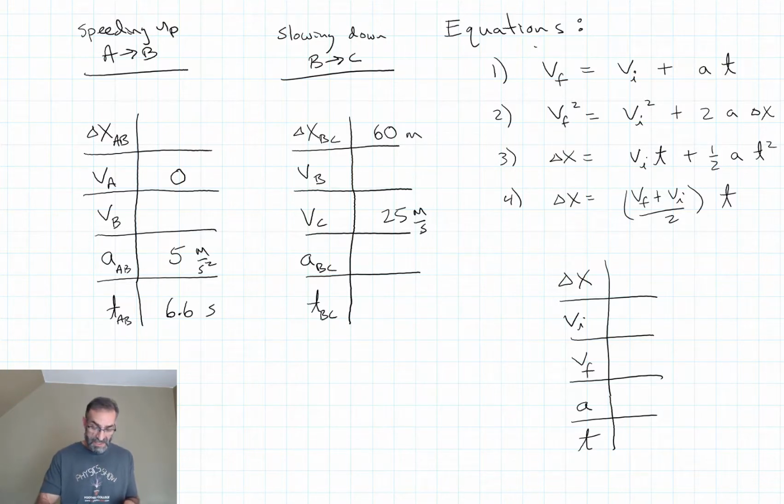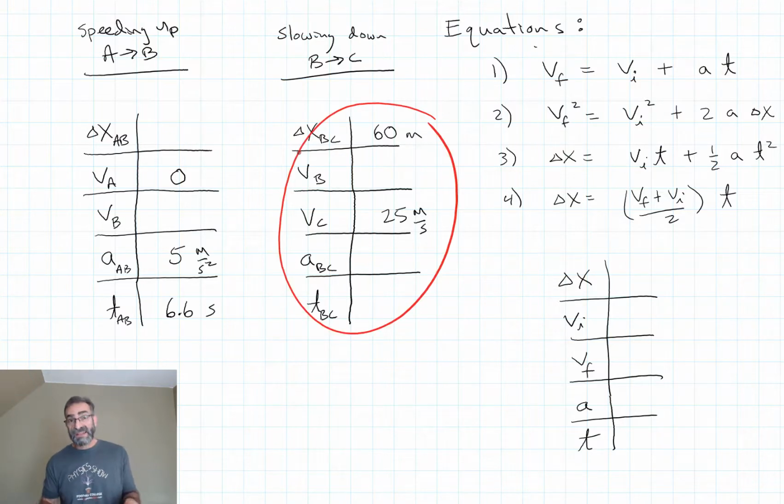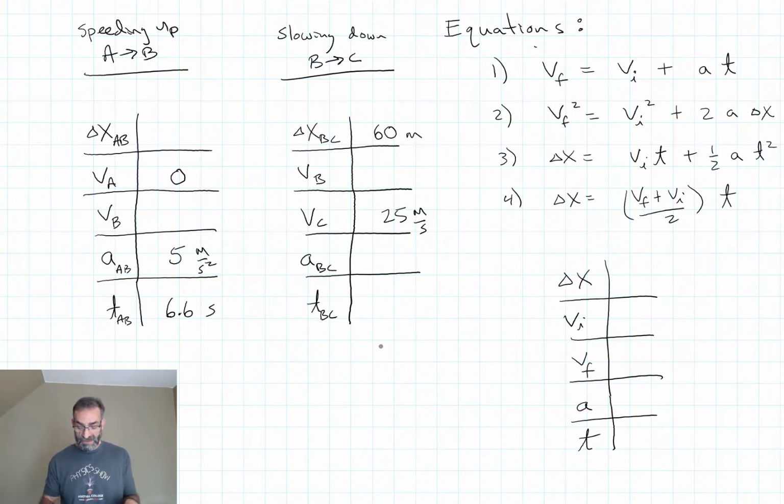So we look at this and we say, wow, we're missing 3 items there. We can't solve for those with only 2 pieces of information. We need 3 things, and we can solve for the other 2. But what do you notice about this? Something that might help us solve the problem?